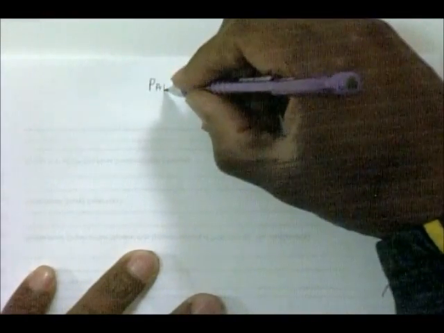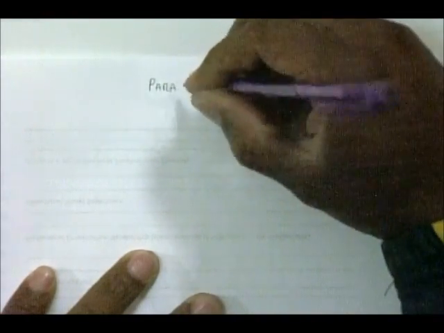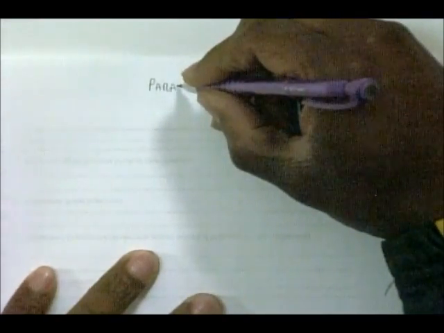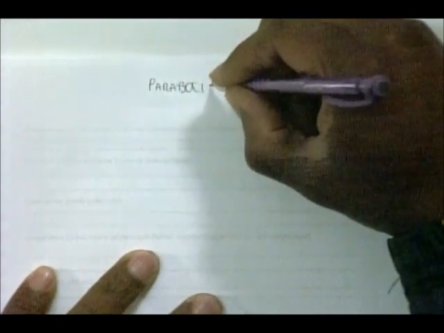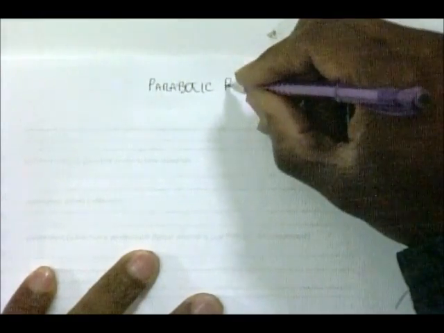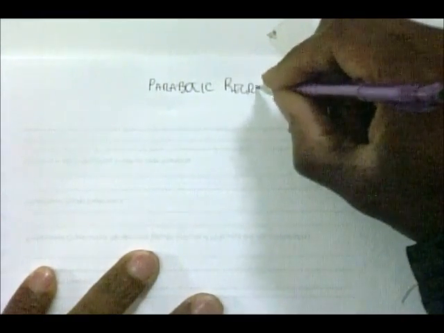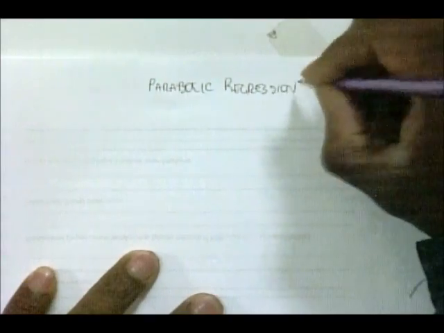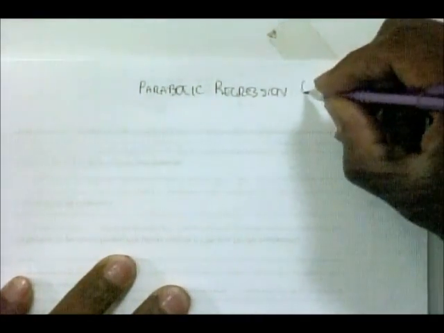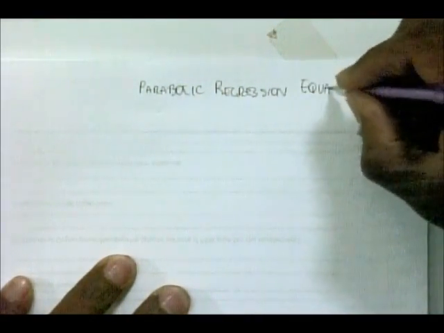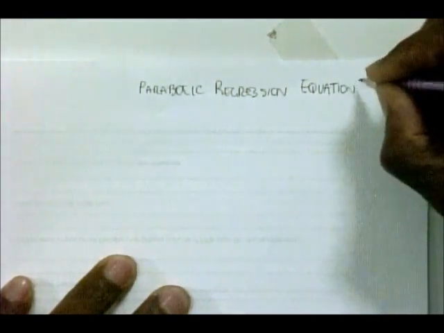Parabolic regression equation. The way we're going to come up with this equation is completely different. The way we're going to come up with this equation is to know how to work with matrices.